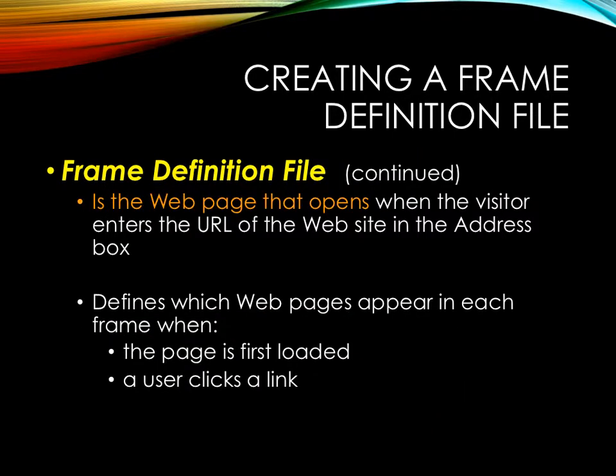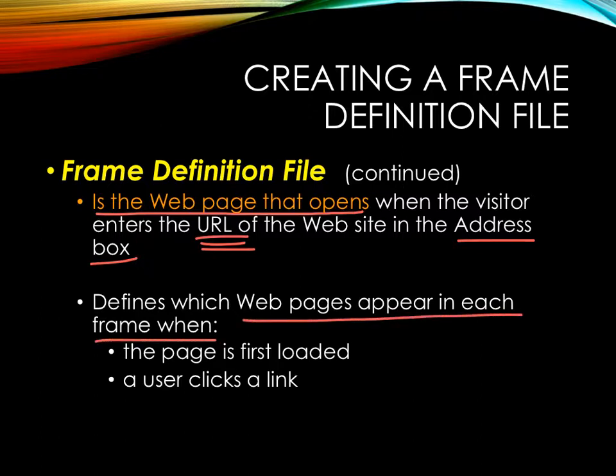Now, as I stated on the previous slide, this frame definition file is what opens in the window. It will be the URL or the website that's in the address box. So this is what is in the browser. This is what is being displayed. Now, what a frame definition file does is it defines the web pages that appear in each frame when the page is first loaded and when a user clicks a link.